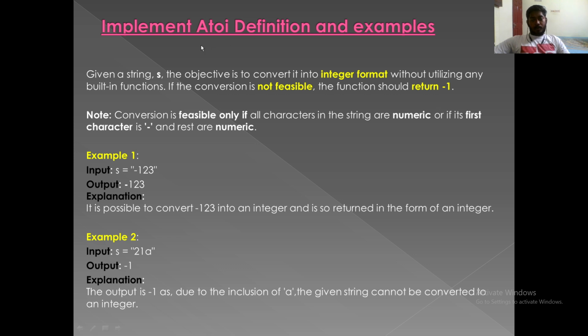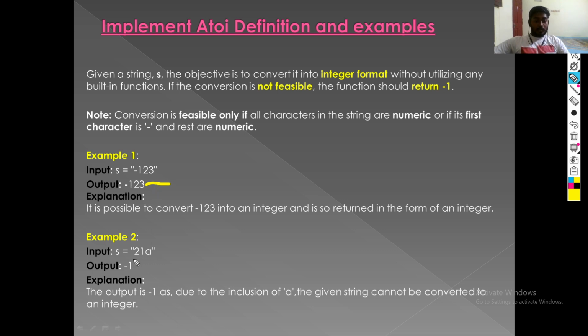This is how it works, but the tricky part is we should not use any built-in function of the particular language. That is the constraint in this implement Atoi question. For example, if we get an input of -123 as a string, we get an output of -123 because the value is the same as the integer.